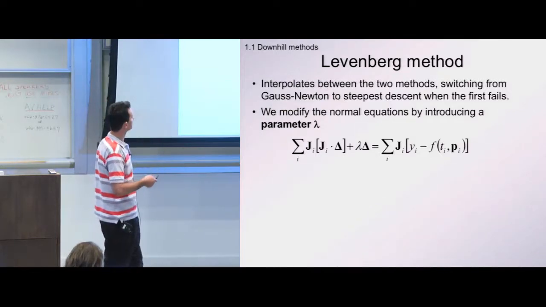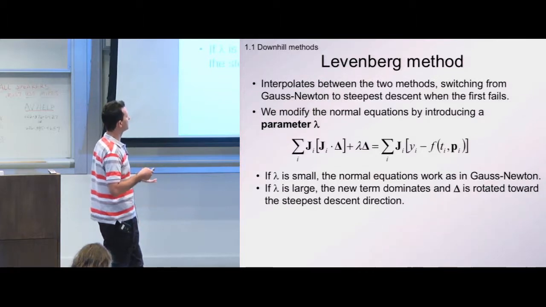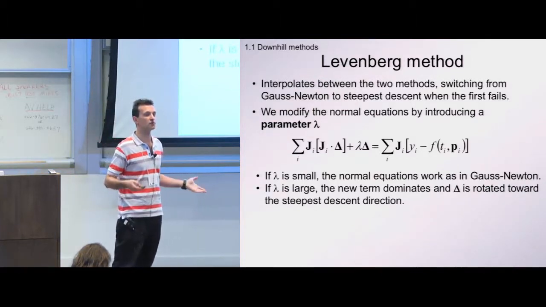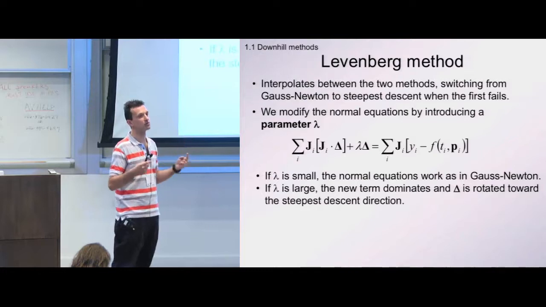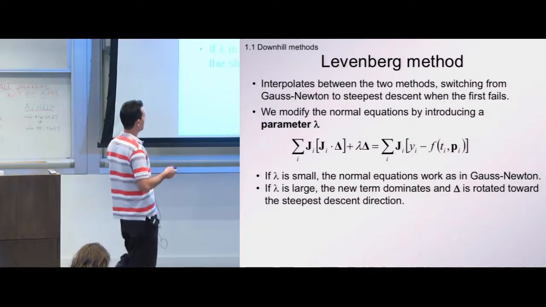This is done just by increasing the value of lambda. If lambda is small, you go back to the Gauss-Newton method. If lambda is large, this term dominates, and then this becomes the steepest descent method. So in one set of equations, you have two methods, and depending on the value of lambda, you can go from one method to the other.